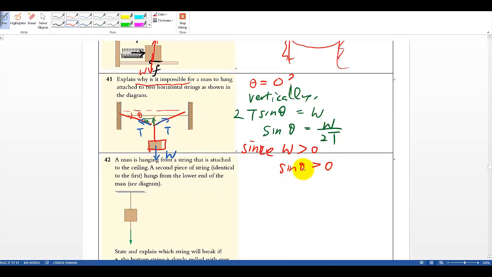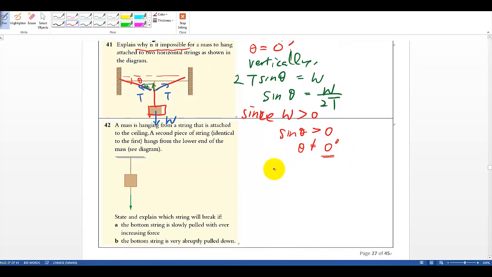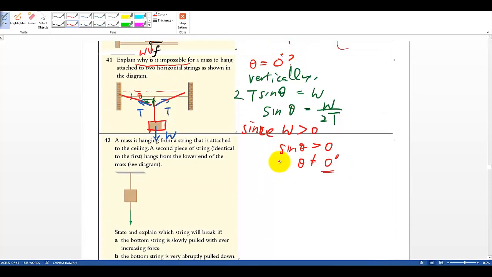And since sine theta is greater than 0, theta cannot be 0 degrees, right? So therefore it cannot be horizontal, because only when you have 0 degrees will the string become perfectly horizontal.